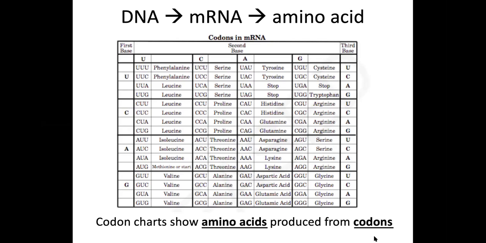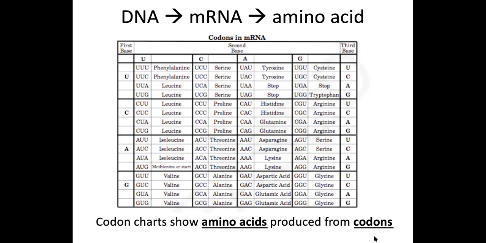If we have to be in the A row and the U column, the best way to do this is to use the finger trick. You have to make them meet, because you have to be in the row of A and the column of U. Everybody with me so far? If I have to be in row A, column U, I cannot leave this box. I have to be in this box.